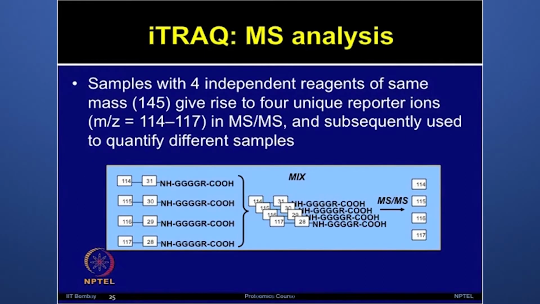4 independent reagents of the same mass, 145, can give rise to 4 unique reporter ions, m/z 114 to 117, in MS/MS analysis, and subsequently these reporter ions can be used for quantification of different samples.